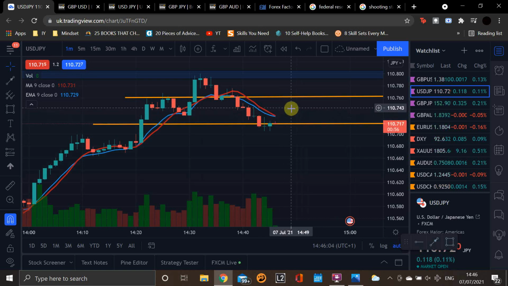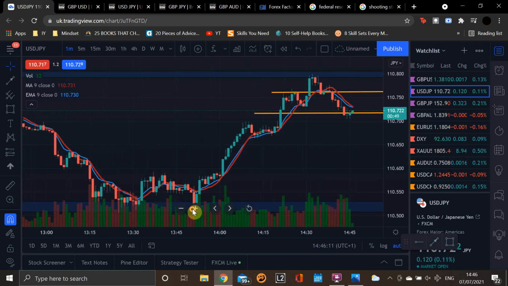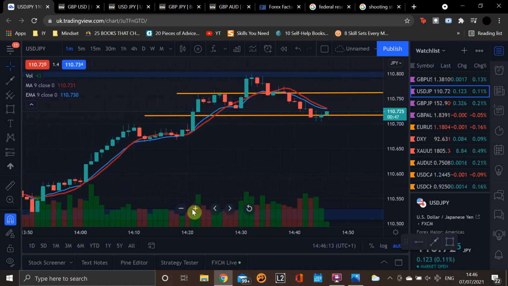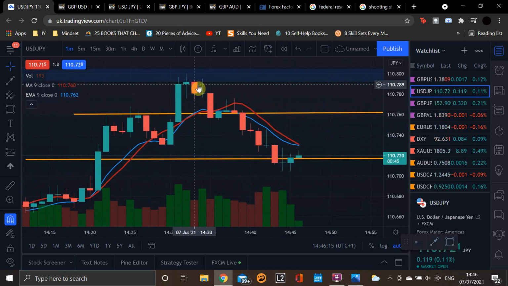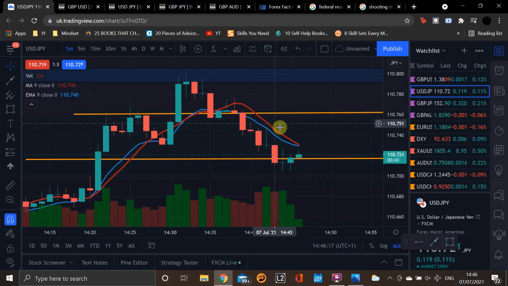Is that a moving average crossover? They're kissing right here. Doji, doji, doji, doji. Maybe the selling pressure's gone. I could get in again.